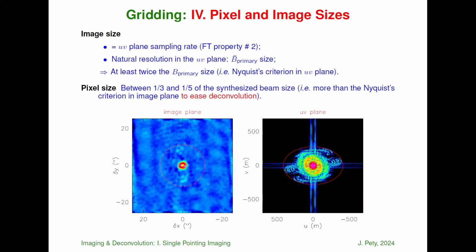So here it's pretty flat, and it's going to 0 at about this distance, about twice the full width at half maximum. So this means that outside this image, you're going to 0, and thus you're not measuring anything. So the natural size of the image plane is twice the full width at half maximum of your primary beam.